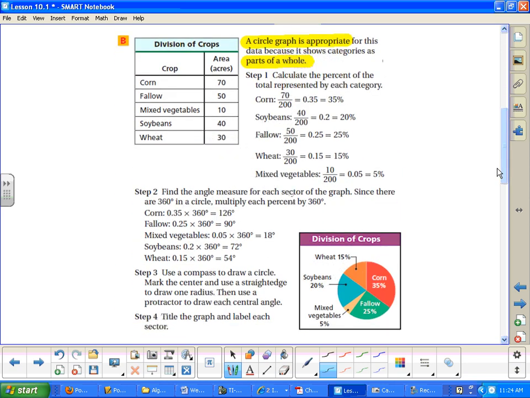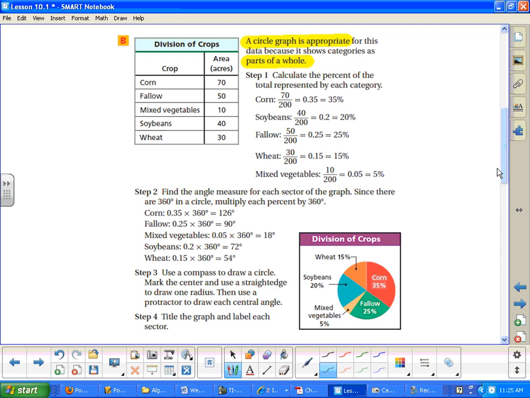Letter B, here they have a division of crops. So they've divided something up, which means they've divided up a whole thing. Since they're talking about all of their crops, a circle graph would be more appropriate here because it tells us how much of the whole they're using.